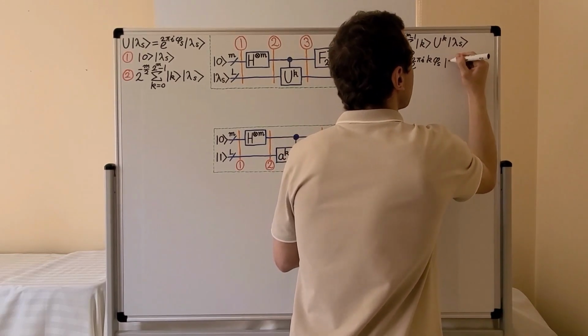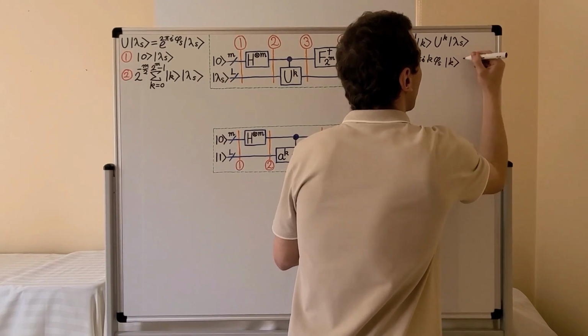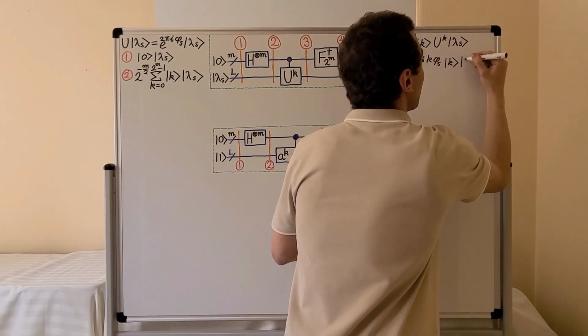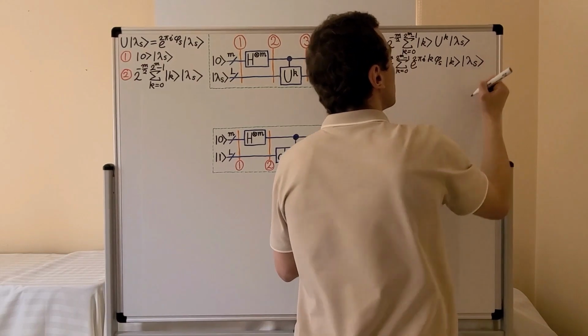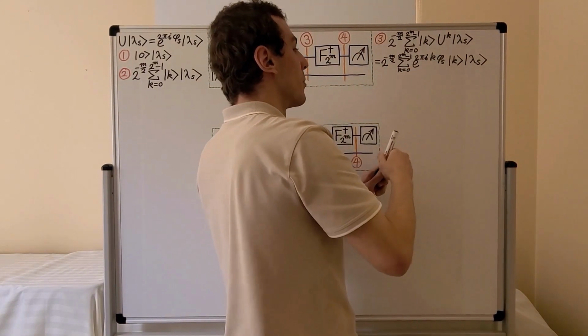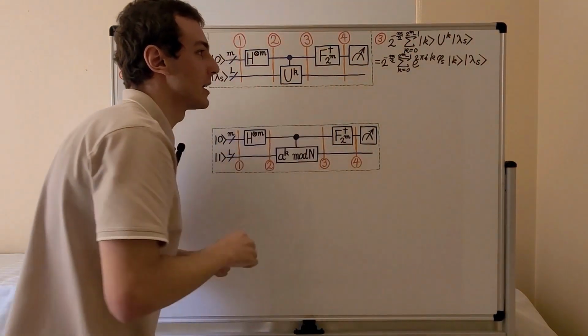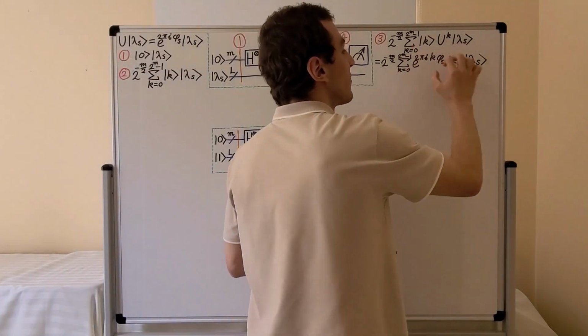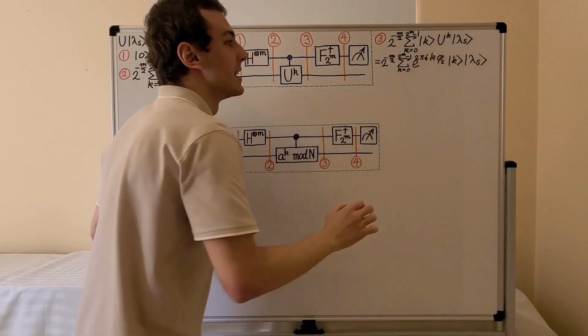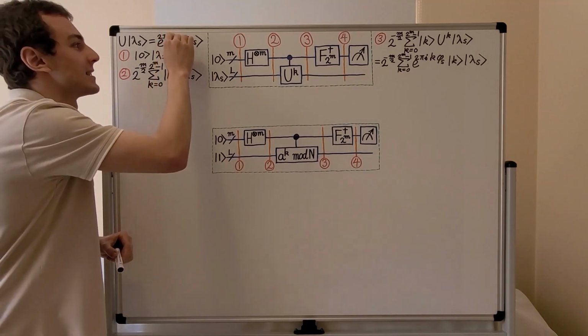And then we're going to have ket k followed by ket lambda sub s. So we still have a superposition, but the result of this controlled unitary has given us these phase factors. And these phase factors depend on phi sub s.